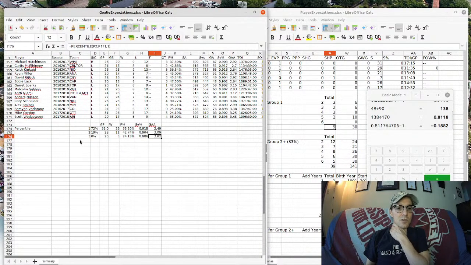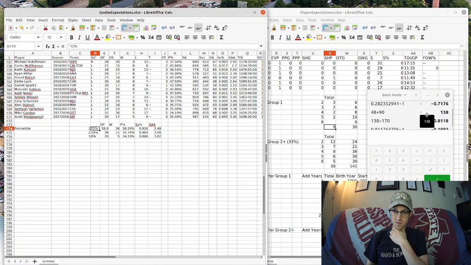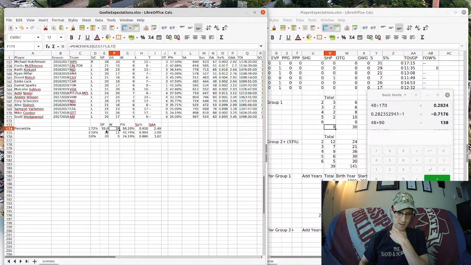Okay, and then just make sure I didn't do any stupids. So 72, we had 48 divided by 170. It is 170 is 72. $72. 28 is right. It's from 2 to 171.